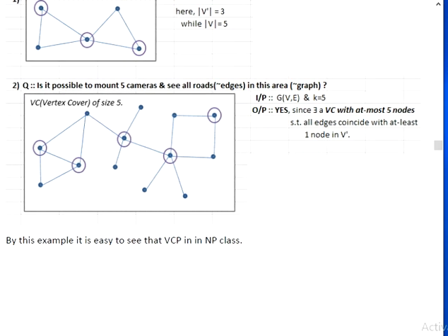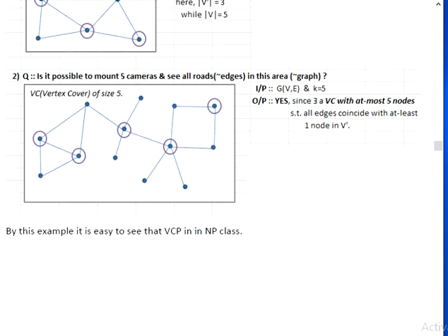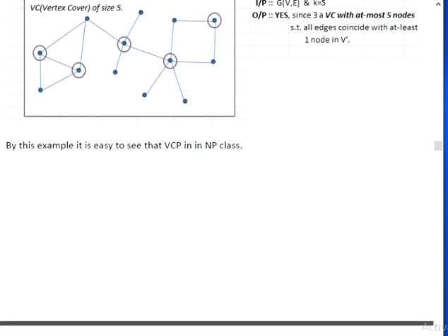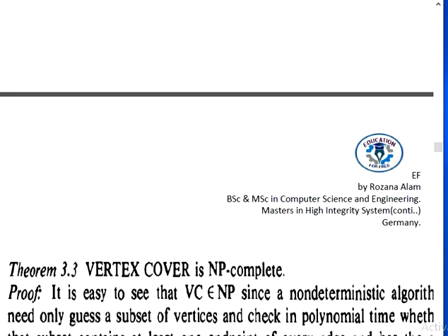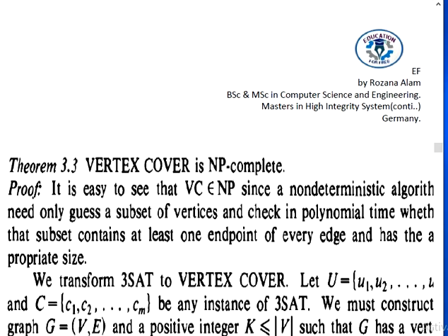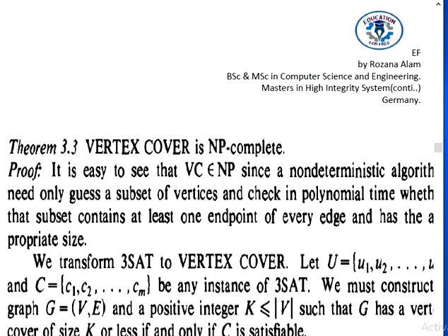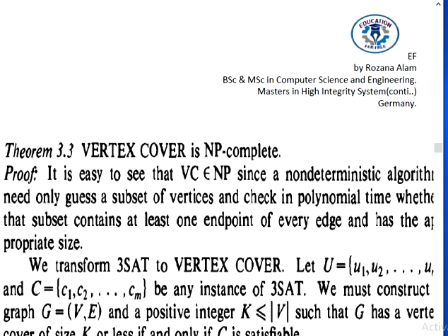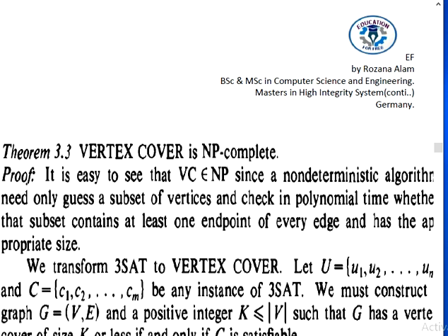We can easily see that vertex cover is in NP, because in the book by Garey and Johnson it is mentioned very clearly how we can see that the vertex cover problem is NP complete. We know that any NP complete problem fulfills two conditions.